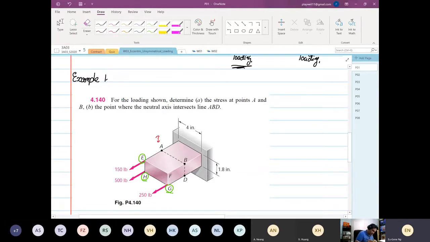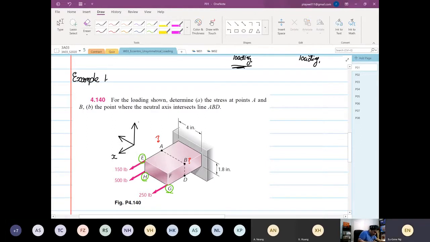The first thing we have to do is define our axes. I'm going to call this our Y, this is our Z, and lastly, this will be our X. So this is X, Y, and that's our Z-axis.